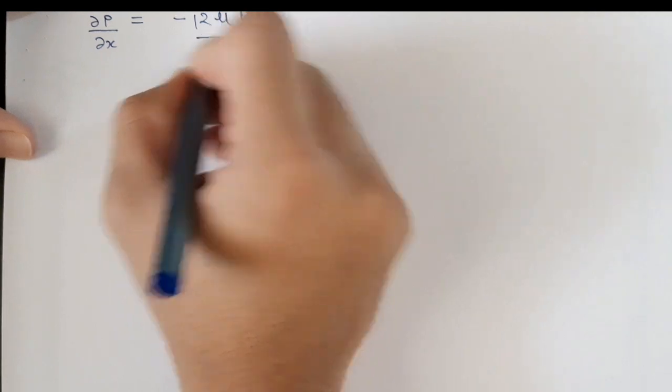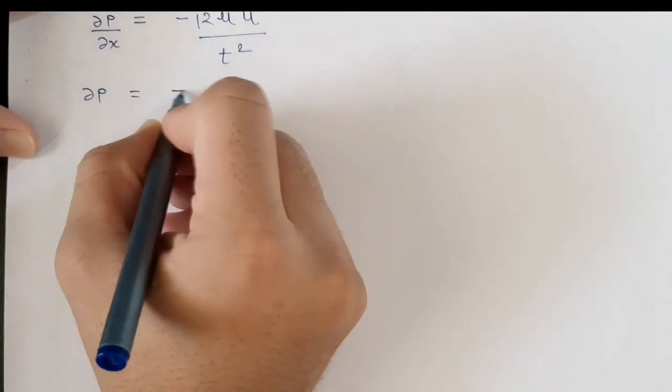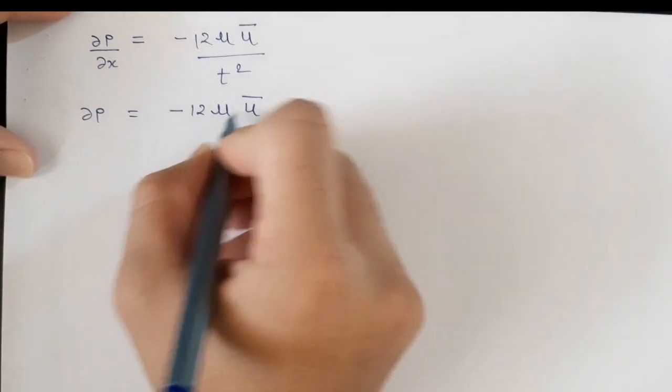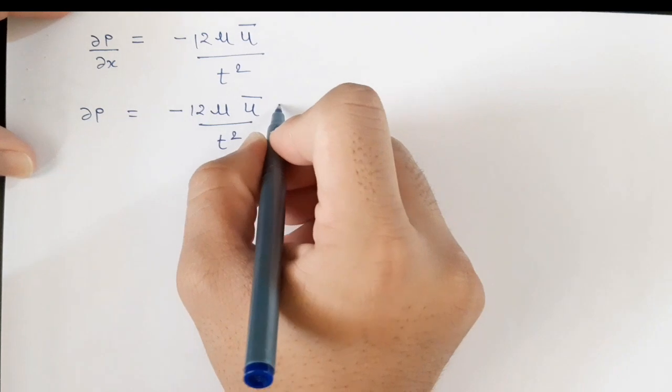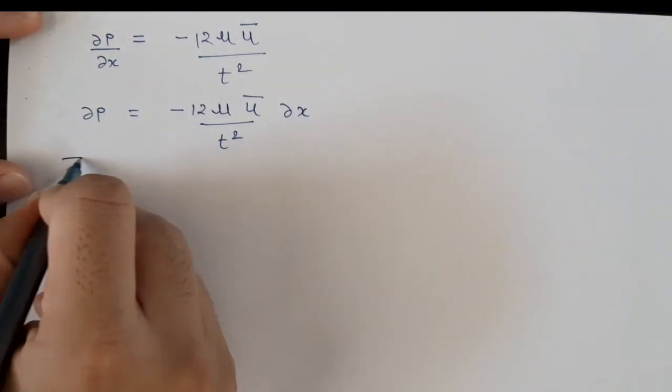So del p equals minus 12 mu u bar upon t square into del x. Now we will integrate the above equation.